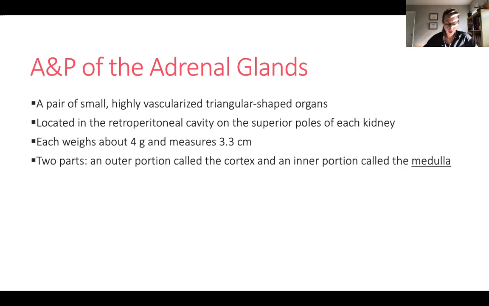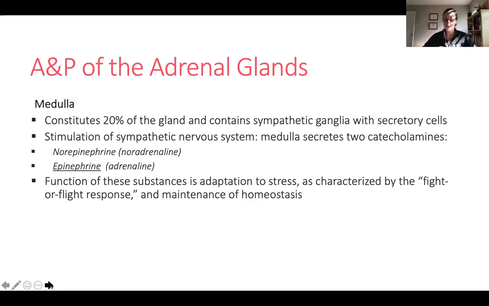And they have 2 parts. So there's the cortex and the inner portion that's called the medulla. So the medulla portion of it has 20% of the gland, and it has the secretory cells. They do the stimulation of the sympathetic nervous system, and then secrete 2 catecholamines. So that will be the norepinephrine and then the epinephrine.